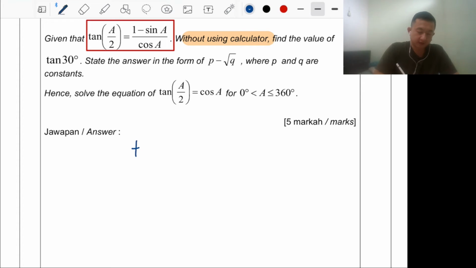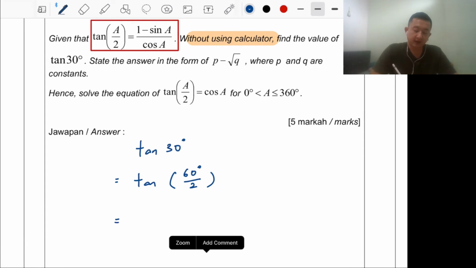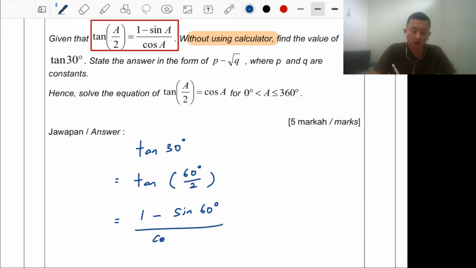Start with tan 30. Tan 30 degree will be the same as tan 60 degree over 2, right? Why do I turn it to this format? So that I can put a 60 into the equation here to make full use of this. So that will be the same as 1 minus sin 60 over cos 60.